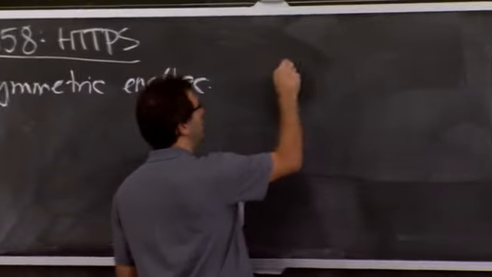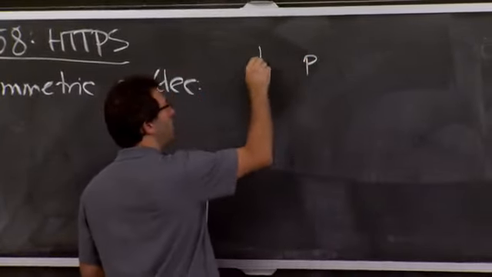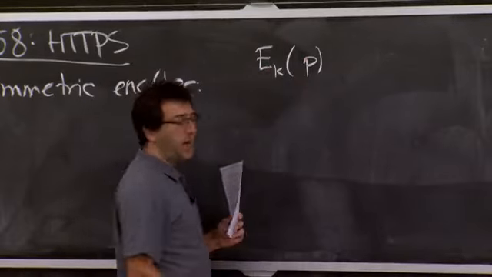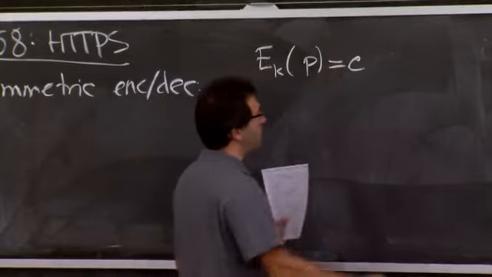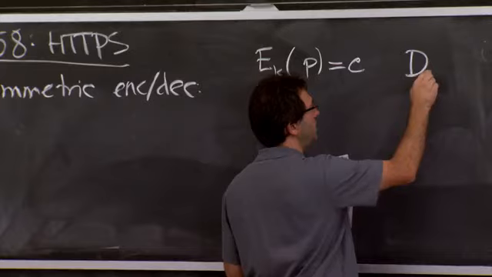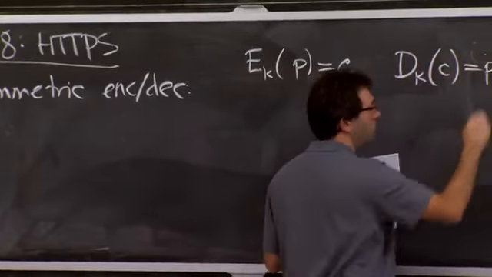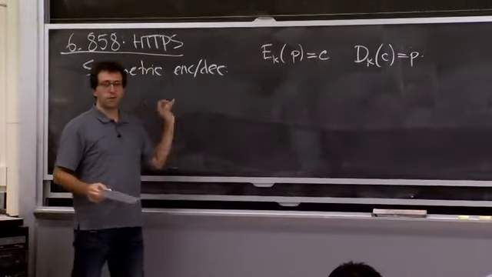So you can take some piece of data, let's call it P for plain text, and you can apply an encryption function. That's a function of some key K. And if you encrypt this plain text, you get a ciphertext, C. And similarly, there's a decryption function called D that, given the same key K and that ciphertext, will give you back your plain text. So this is the primitive that Kerberos was all built around.